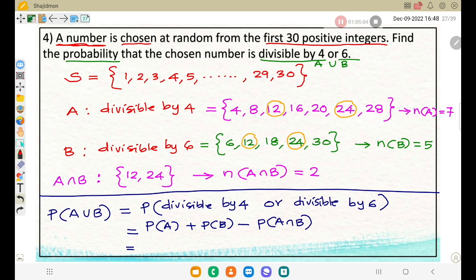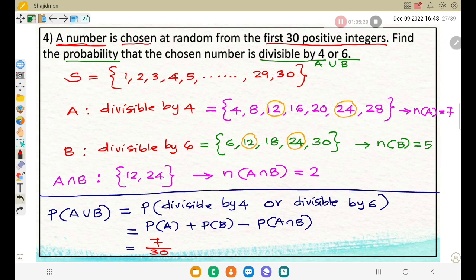What is probability of A? Number of elements of A divided by number of elements of S. The number of elements of A is 7, divided by the total number of elements in the sample space, which is 30.